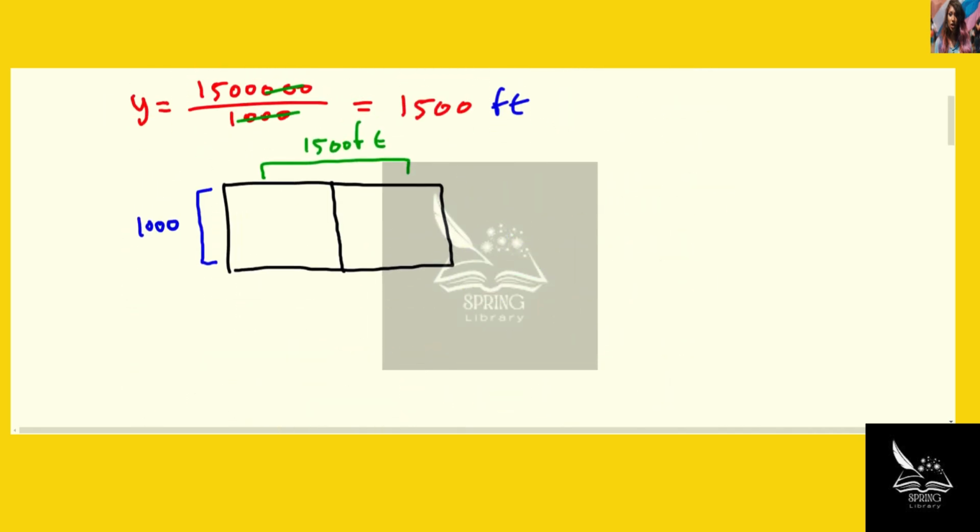So we want three sides with 1,000 feet and two sides with 1,500 feet. So these would be the dimensions we would need in order for us to minimize our total cost.